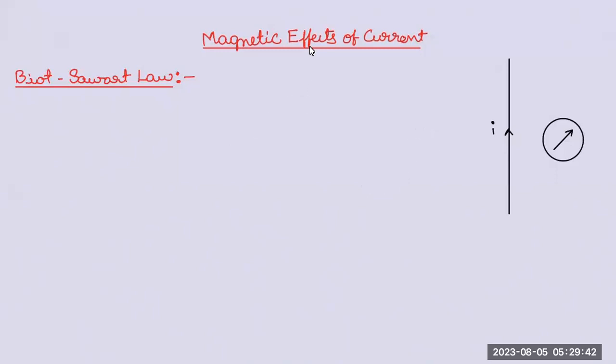Then they got a small concept called current element. Current element is I dL. For any wire, you take a small piece. Assume this small piece is carrying current I like this.